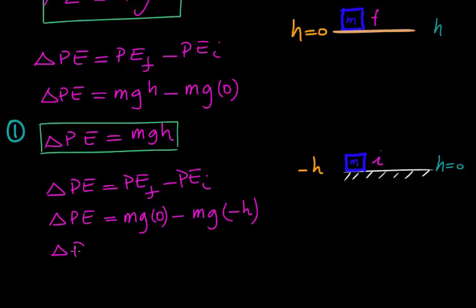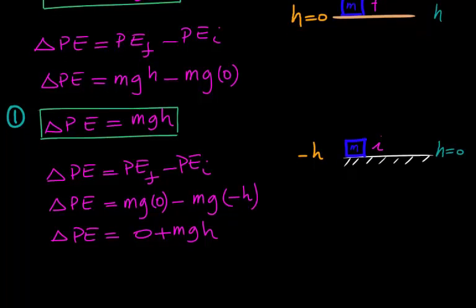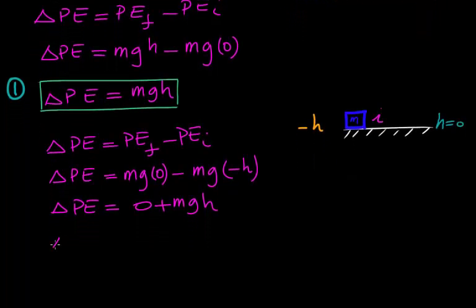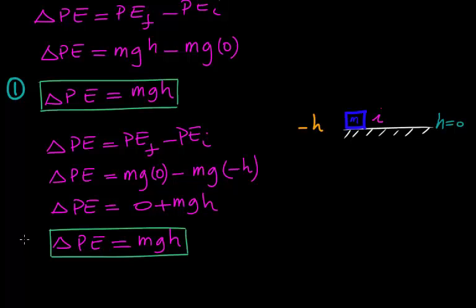Therefore, the delta PE is going to equal 0 minus mg times negative h, that gives you positive mgh. The answer therefore is delta PE is going to equal mgh like before.